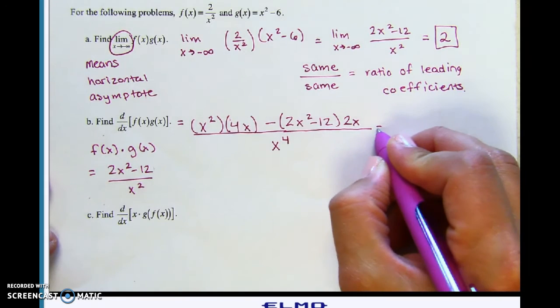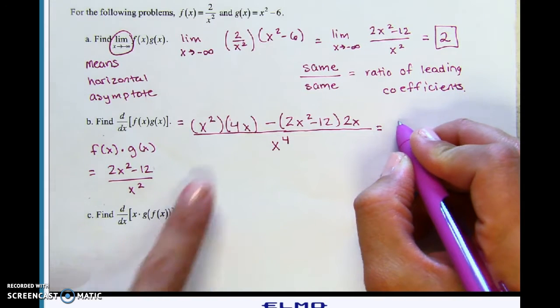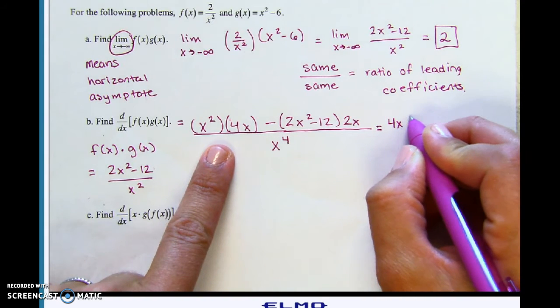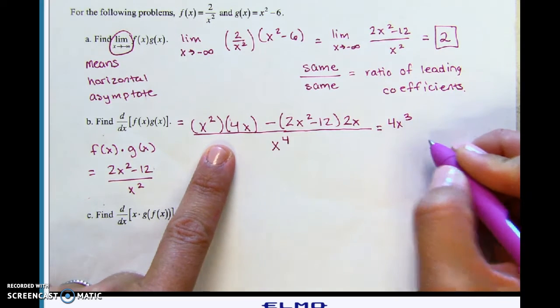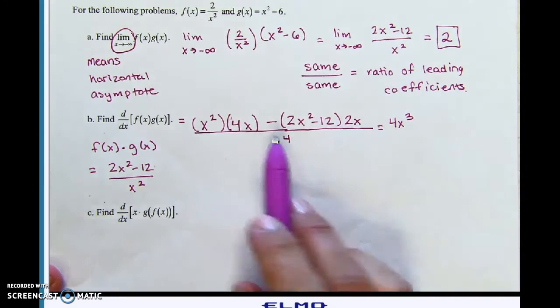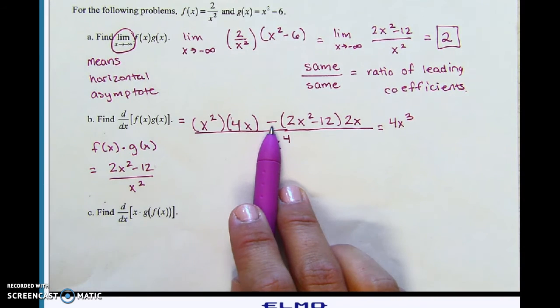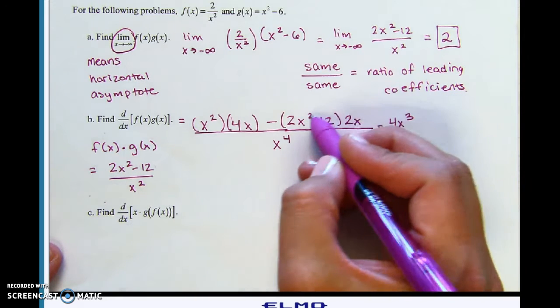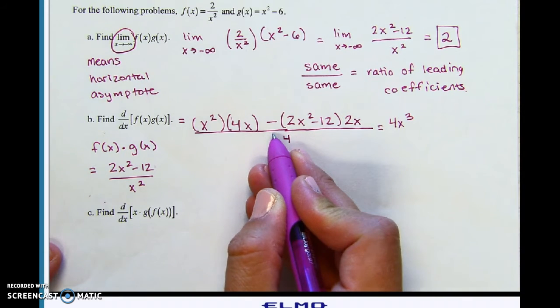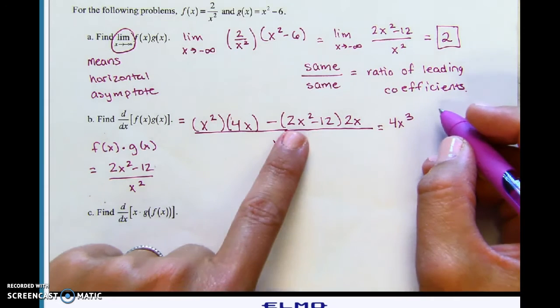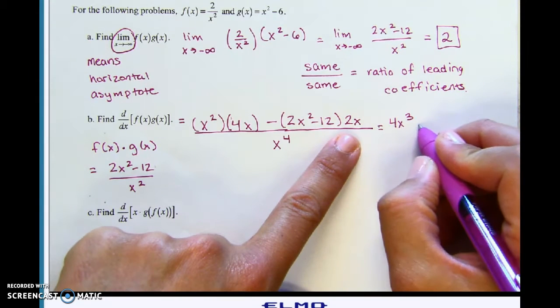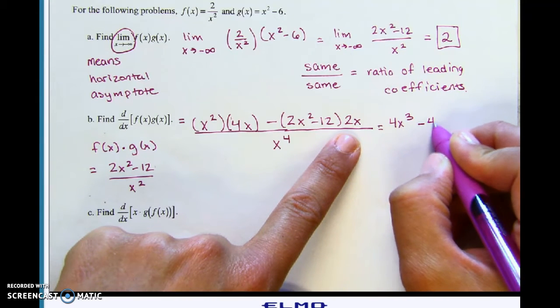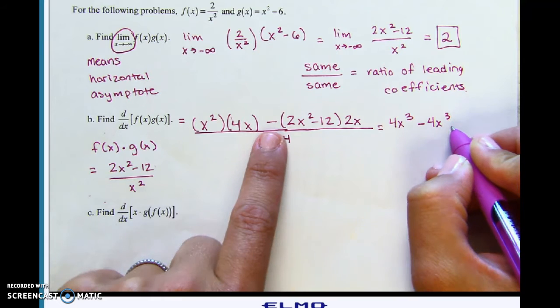Distribute and combine like terms in the numerator. Let's see here, 4x cubed. All right, some people got this wrong on the quiz. When you have a minus here, which you'll always have, you need to distribute this 2x to both terms, but then you also have to distribute the minus sign. So 2x squared times 2x is 4x cubed with a minus sign.